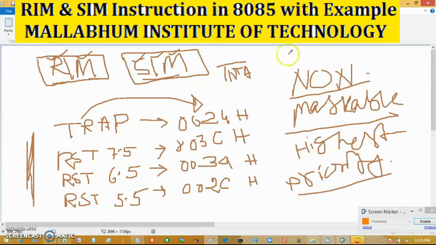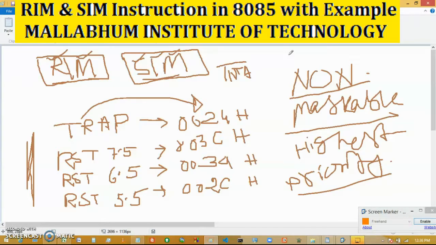It is kind of an emergency situation. Suppose in your house, if a fire is breaking out or smoke is detected, like the function of a smoke detector, TRAP is considered in the 8085 in the same way. So the first point about TRAP is that it is a non-maskable interrupt, it cannot be disabled, and once it is enabled, its function must be executed until TRAP completes its function.